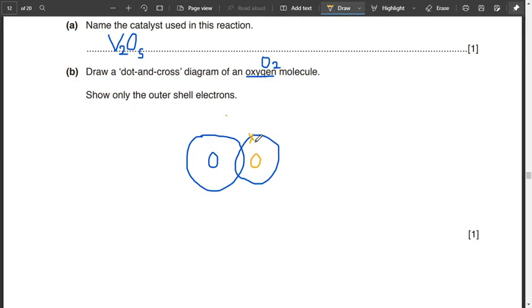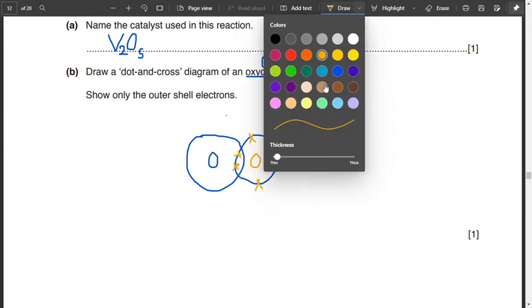So it's 1, then we have 2, then 3, 4, 5 and 6. This is how we form 6 electrons in one oxygen, and now we go towards the other oxygen.